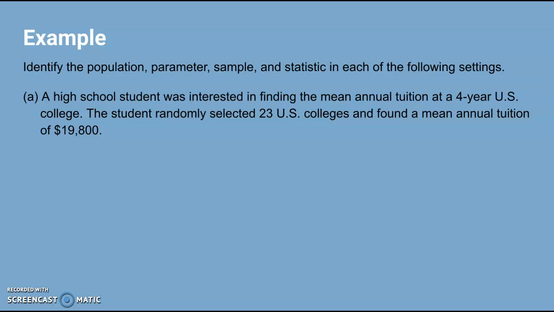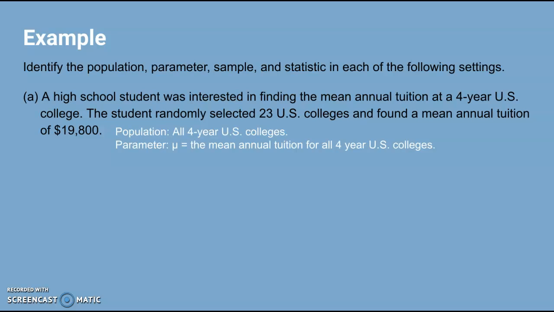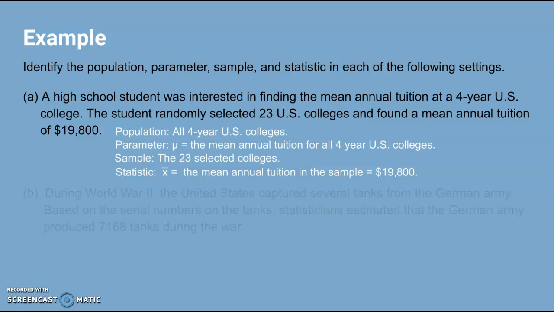So in this case, the population, what the student is trying to learn about, is all 4-year colleges in the U.S. The parameter that they're interested in is mu, the mean annual tuition for all 4-year U.S. colleges. The sample they took was the 23 U.S. colleges they selected randomly, and X bar was the statistic, and that's the mean annual tuition from the sample. It was $19,800.